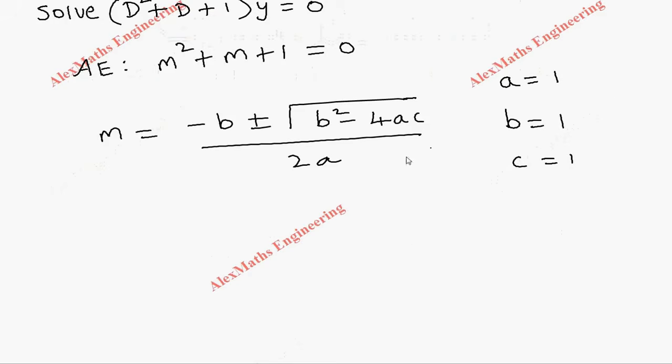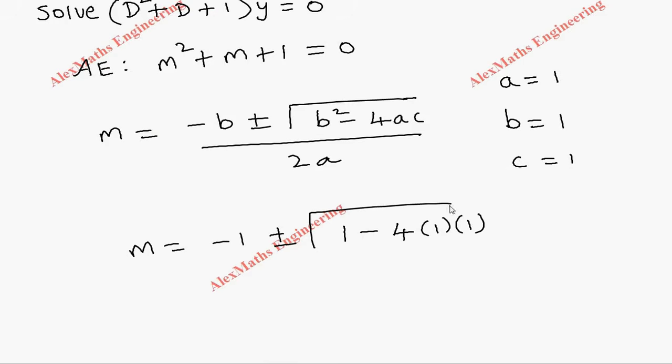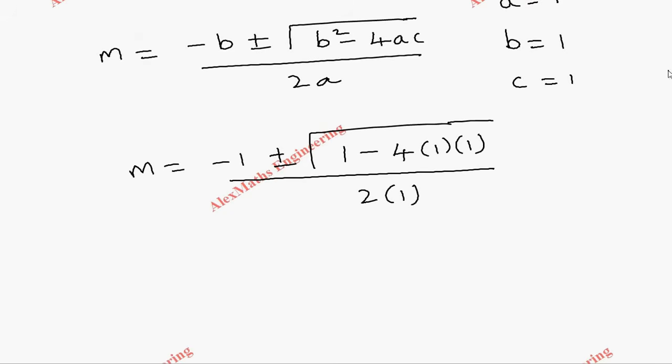Everything is 1. So m equals minus 1 plus or minus root of b² minus 4ac, whole divided by 2a, so 2 into 1. So totally we get minus 1 plus or minus root of 1 minus 4, which is minus 3, divided by 2.